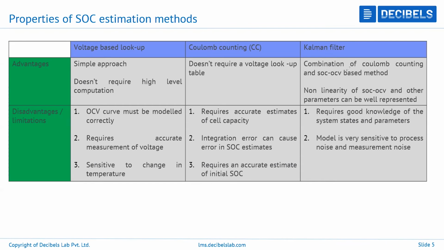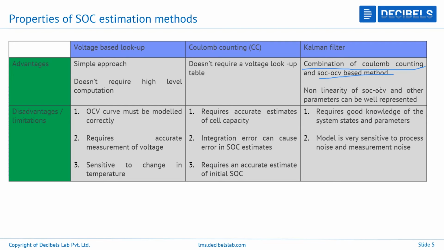Okay, so apart from this, we also have the Kalman filter. Here, as I said, it is a combination of the previous two methods, that is, lookup table based and Coulomb counting based. In the previous two cases, nonlinearity behavior was not considered to a good extent.